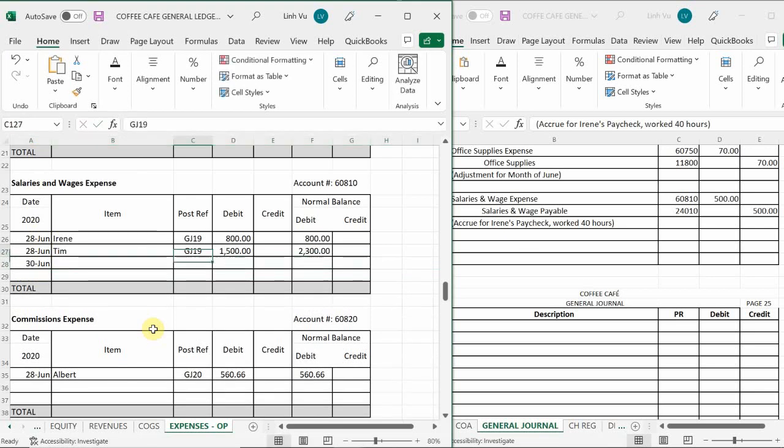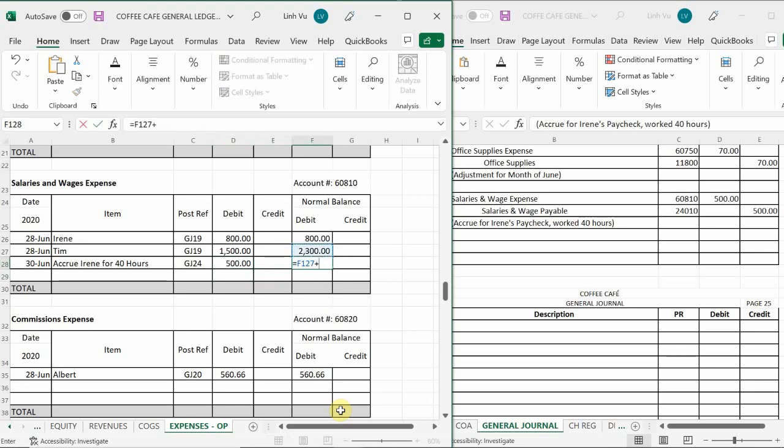It's the 30th. This is for Irene, but I'm going to write accrue Irene for 40 hours. It's General Journal page 24 still, and you're claiming her for $500.